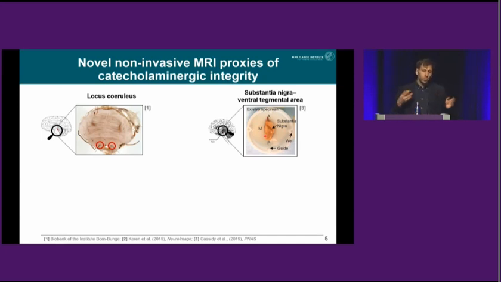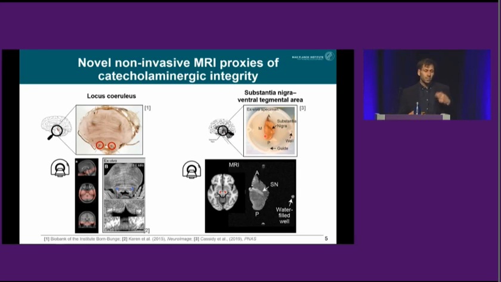These two neuromodulatory systems were basically invisible for in vivo research for a long time. However, fortunately, about 15 years ago, the first imaging sequences were developed that now allow us to reveal these tiny subcortical structures as clusters of hyperintense voxels.